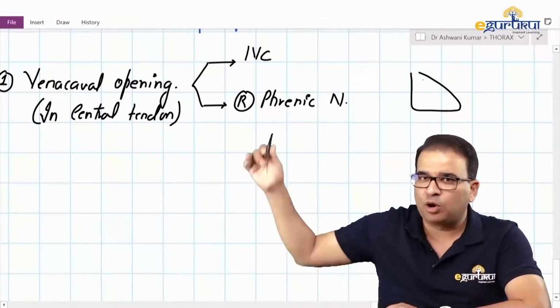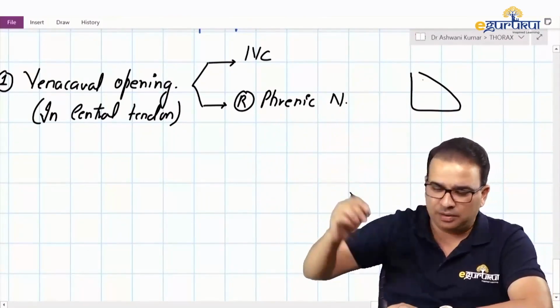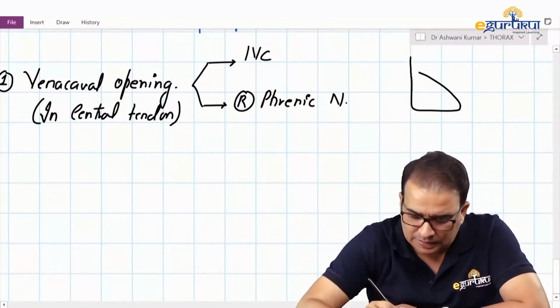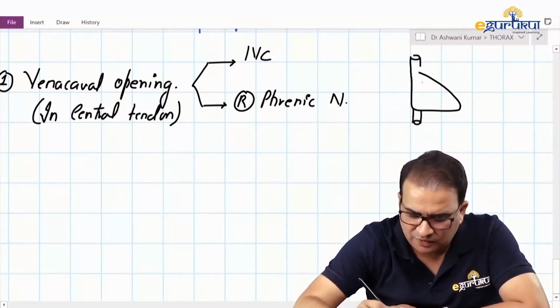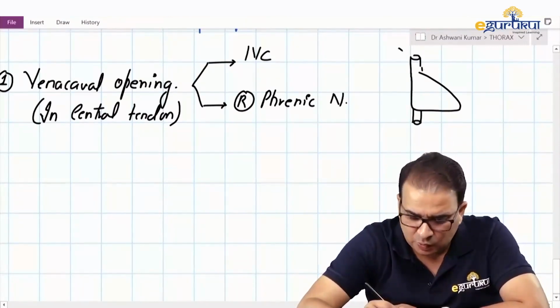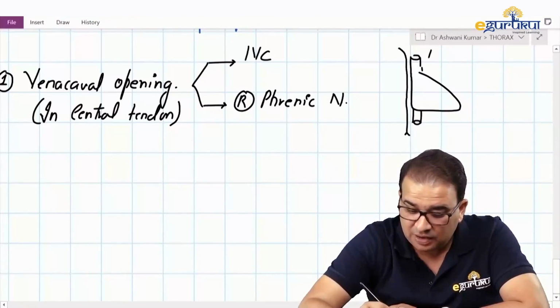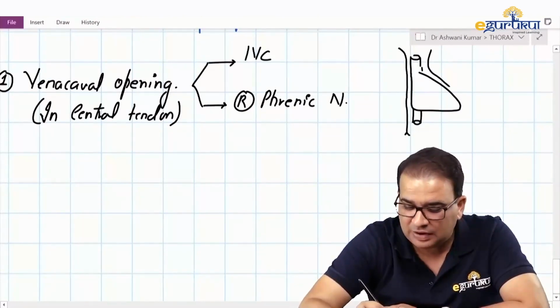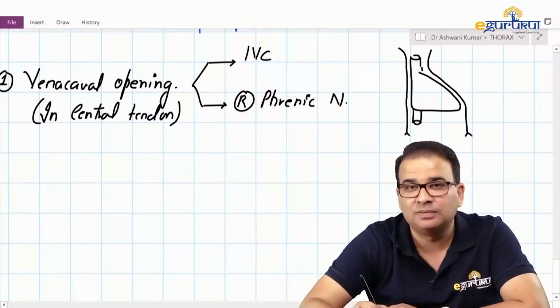We all know that the right border of the heart is a vertical border, a straight border. And this is the superior vena cava, and along this border only we have the inferior vena cava. So the right phrenic nerve will be descending along the right border vertically downward, whereas the left phrenic nerve has to go obliquely along the left border of the heart, and then it comes down.